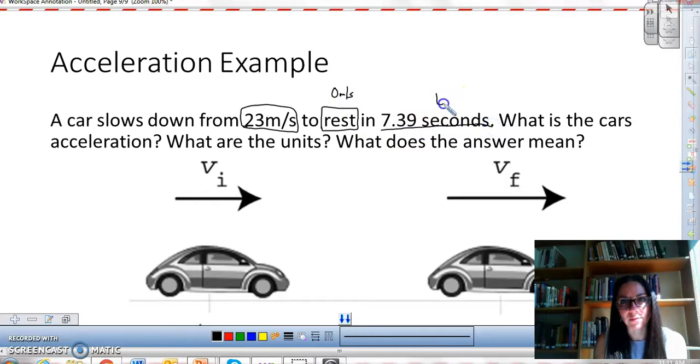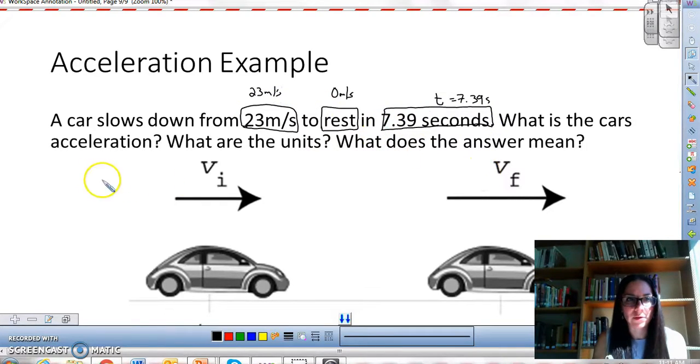And this is our time. I like to underline and highlight my information and take it out of the problem because all those words can kind of be confusing. And then the question is, what is the car's acceleration?